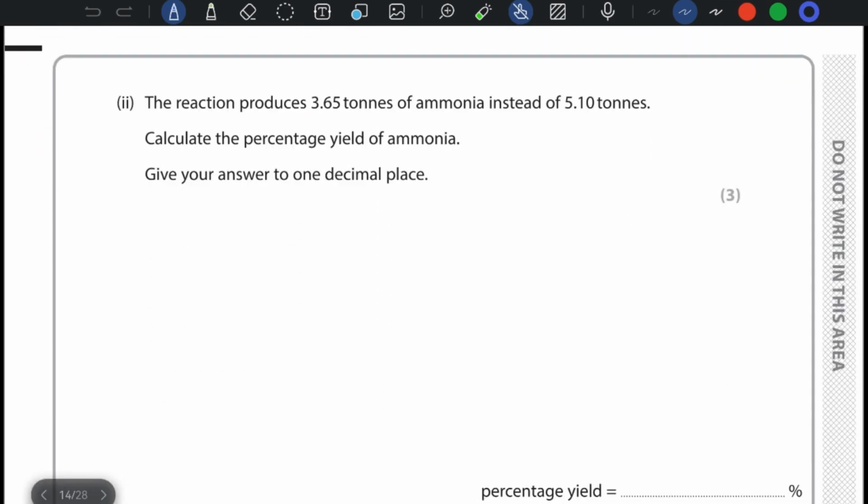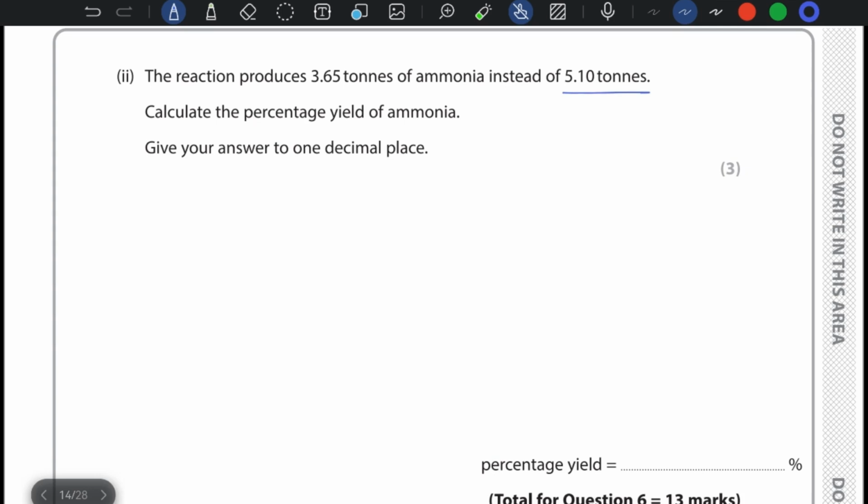For the next part, the reaction produces 3.65 ton of ammonia instead of 5.10. Calculate the percentage yield of ammonia. Percentage yield is calculated by dividing actual yield by theoretical yield multiplied by 100.